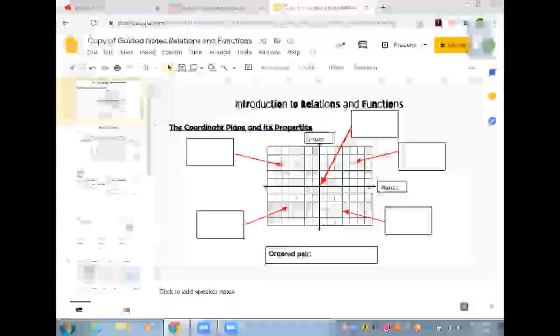Now where these two axes intersect, this is a special point. What is it called? The origin. And it has an ordered pair that goes with it.